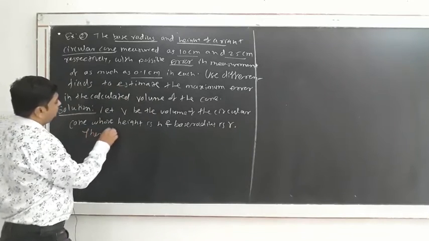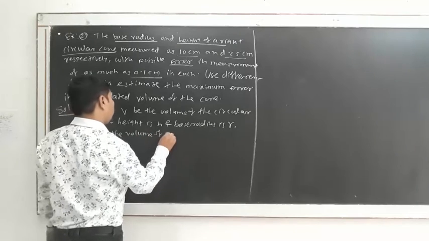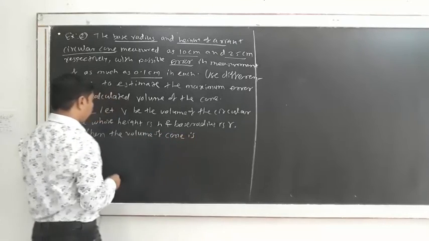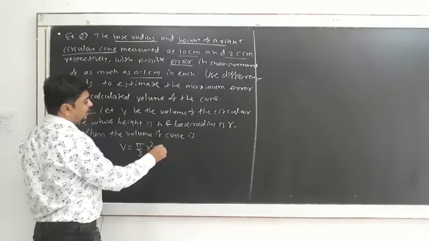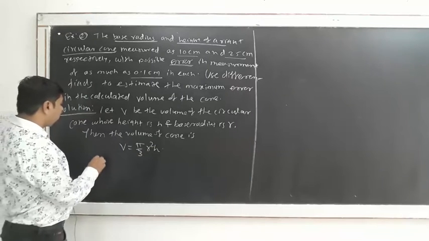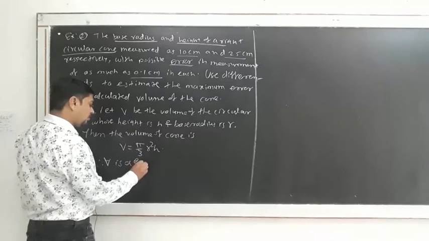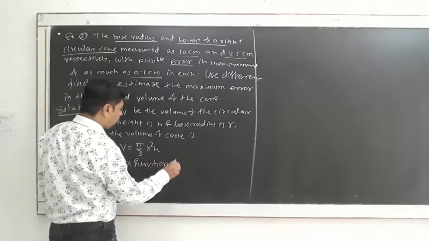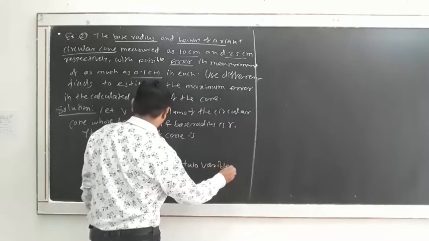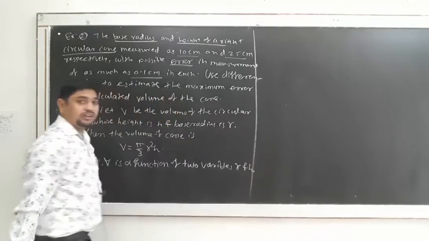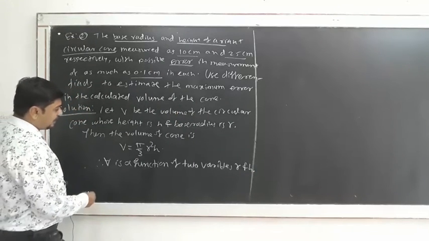The volume of the cone is V equals pi by 3 r square h. Therefore V is a function of two variables. Which two variables? r and h. The variables are r and h.